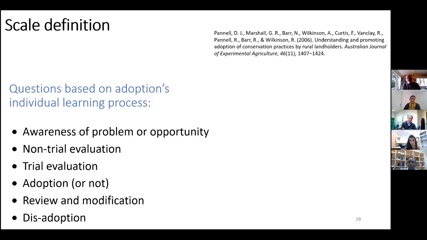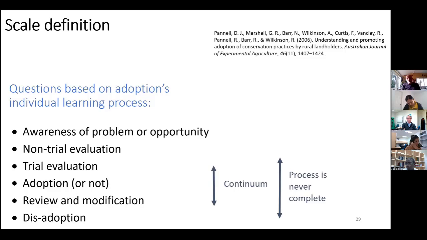So these are the stages of adoption, from the awareness of the problem or opportunity that the technology can be used for, non-trial evaluation, trial evaluation, adoption or not, start using it basically, review and modification of its adoption, which are in a continuum, and they are often revised. So they are not really the same for everyone.